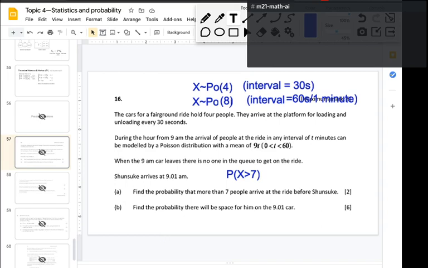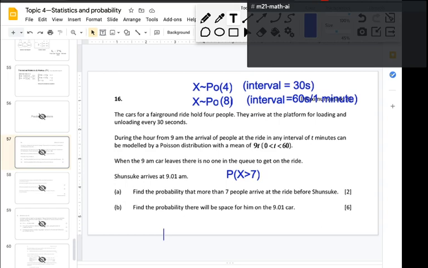Next, the probability that there will be space for him on the car. So the car, is there a limit? Oh, it can hold 4 people. Wait a minute, this is 90. Oh wait, it holds 4 people.